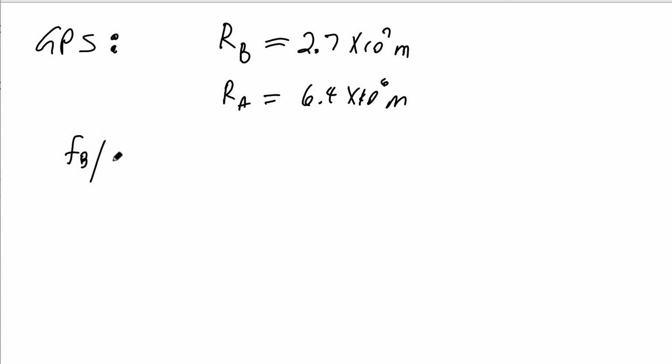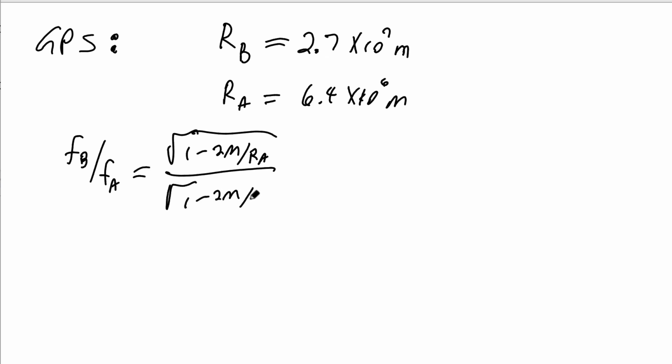We know the ratio of frequencies is the square root of 1 minus 2m over r sub a divided by the square root of 1 minus 2m over r sub b. And if we put in the radius of the orbit of the GPS satellites, the radius of Earth, and the mass of the Earth for m, let's remember this is actually 2GM over c squared times r sub b.